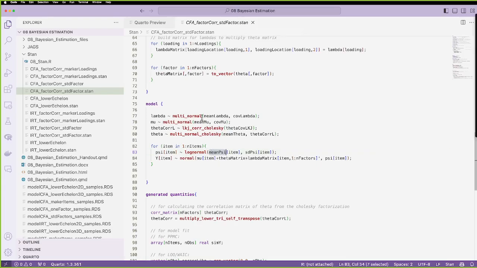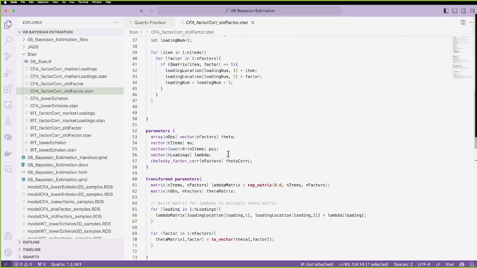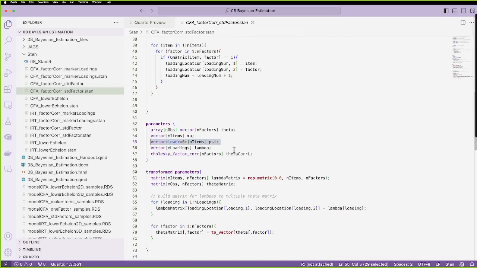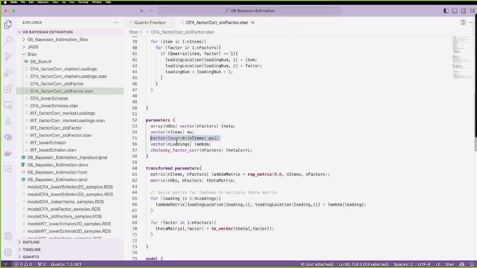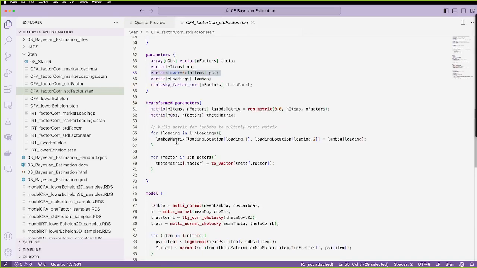And one thing I will note, because psi is a variance, you'll note when I define psi in my parameters block, which is right here, this itself will have a lower bound of 0, right? And I can tell you from my own experience with my own practice that I always forget to put the lower bound of 0 there, and it breaks every time. So in running Stan, just remember the variance parameters get a lower bound of 0. That makes things not blow up.